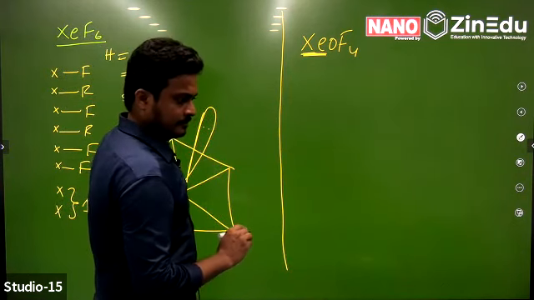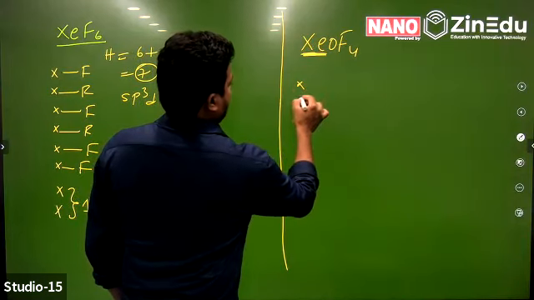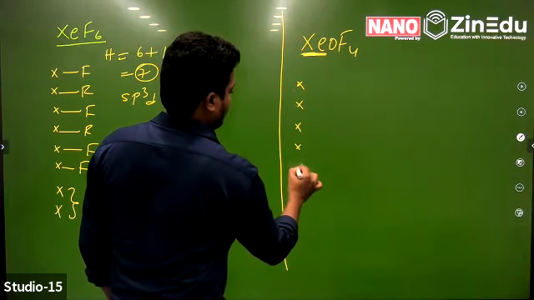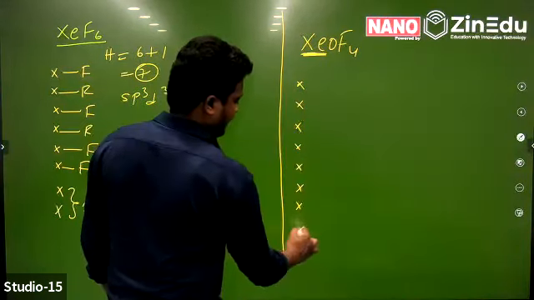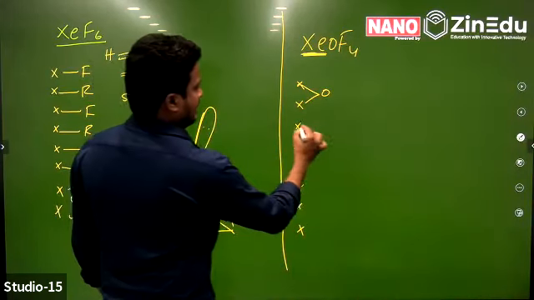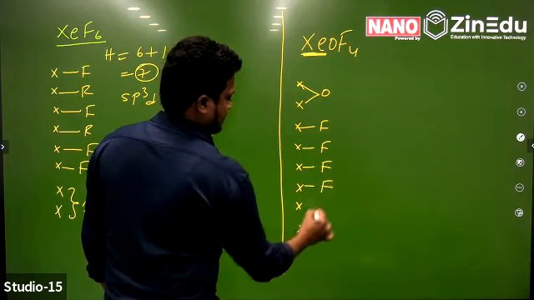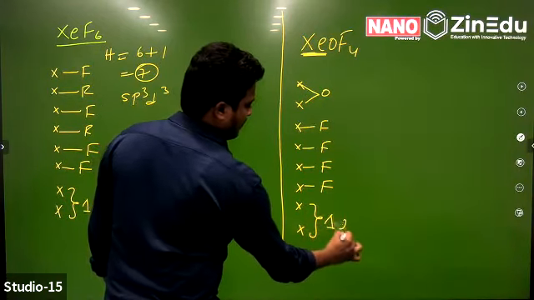Very good. Xenon has 8 electrons. Oxygen utilizes 2 electrons. The remaining 4 are sigma bonds and 1 lone pair.